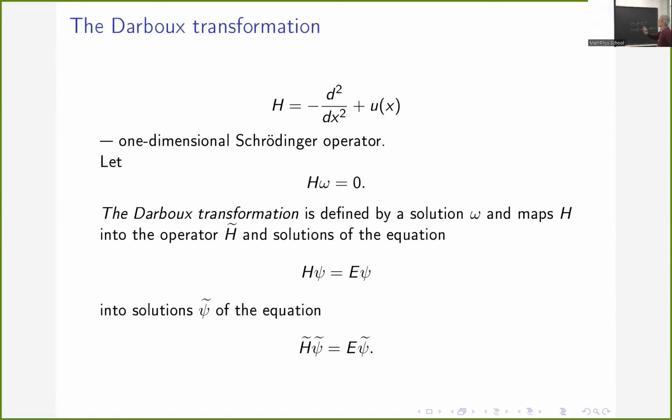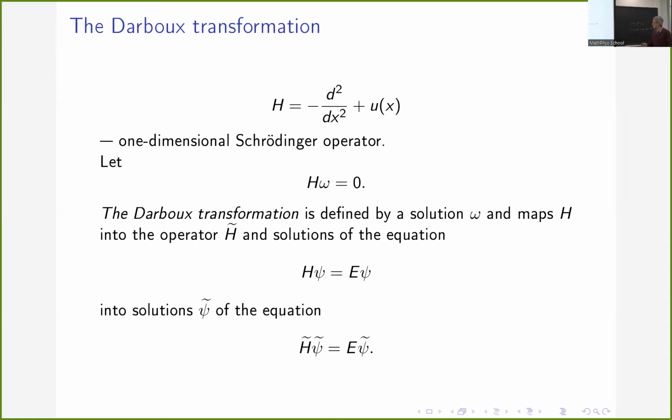I start with just recalling what the Darboux transformation is. People probably know that, but this is just the basics. It is quite a popular transformation for the one-dimensional Schrödinger operator with potential u.